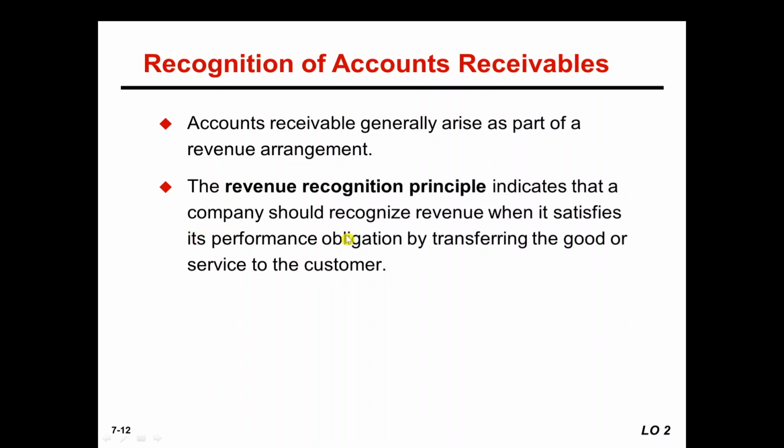Then the question is, when does the company recognize an account receivable? Based on this arrangement, the company, or we as the accountant, must recognize revenue when it satisfies the performance obligation by transferring the good or service to the customer.